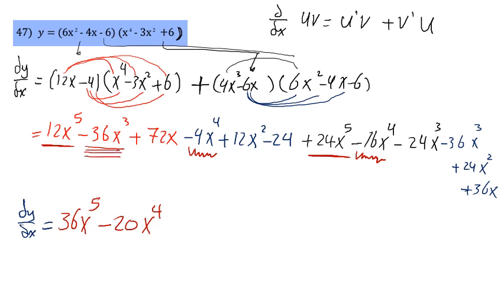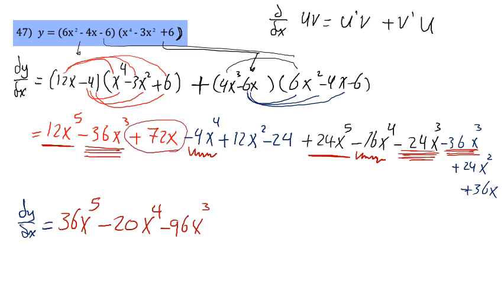Negative 36 and negative 36 is negative 72. Negative 72 and negative 24 is negative 96x to the power of 3.